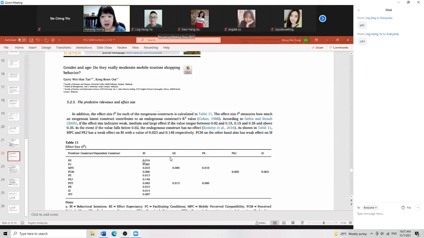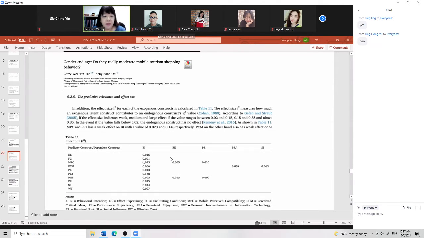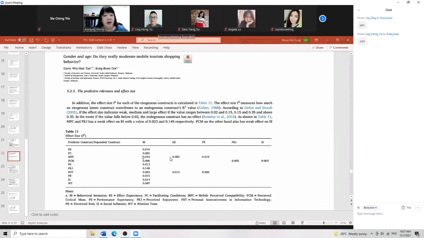Okay, so this is another example here. All right. So the effect size for each exogenous construct is calculated in this table. The effect size F2 shows how much an exogenous construct contributes to an endogenous R square value, okay?